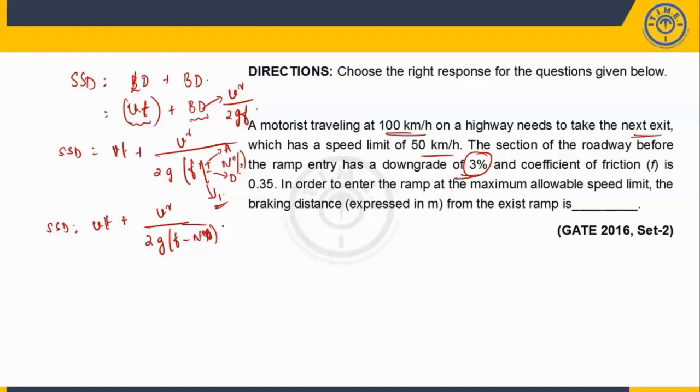Now, what he asked us is the braking distance. What is the braking distance? That is V square by 2g into (F minus n). Try this.